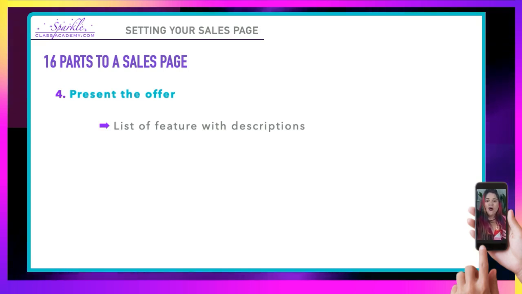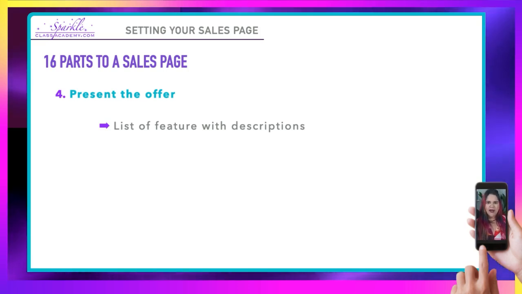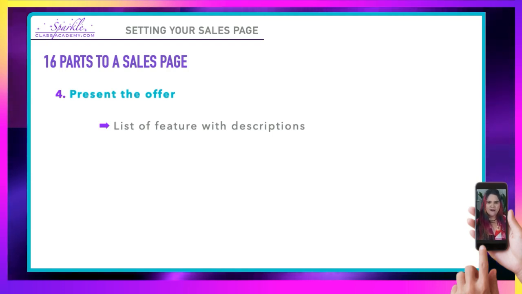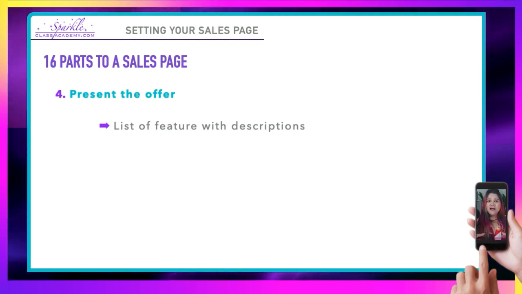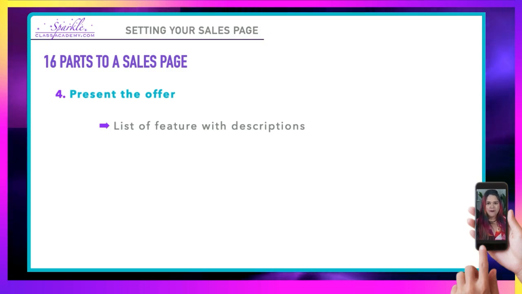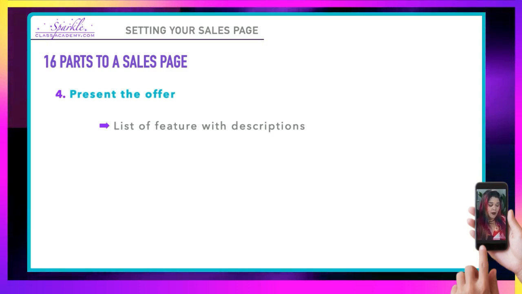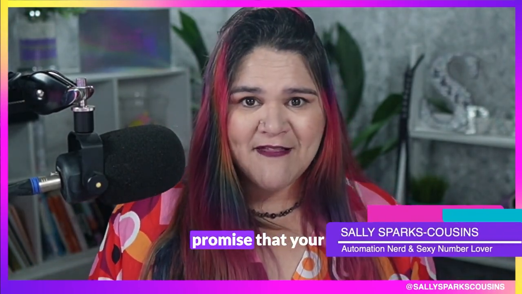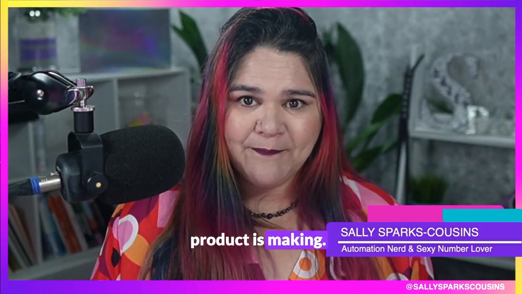So look at all the features and write about how they're going to help. Describe the ins and outs of your product so that you can give your potential customers lots of confidence that you're going to be able to help them. Just make sure as well that you can deliver on the promise that your product is making.